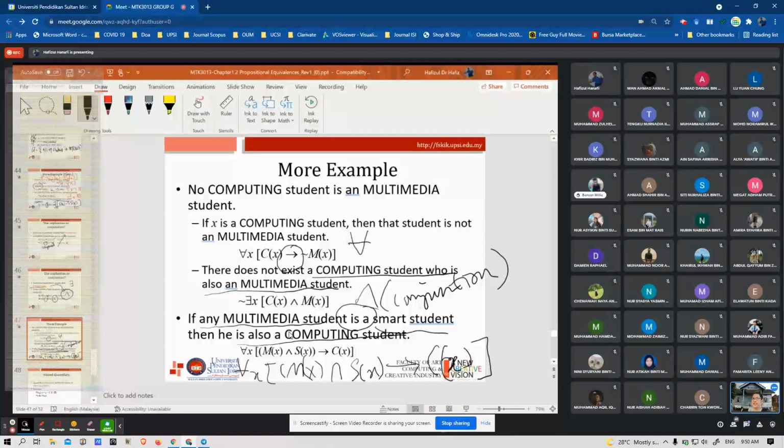It depends on the situation. You need to think logically. For example, if any multimedia student is a smart student.